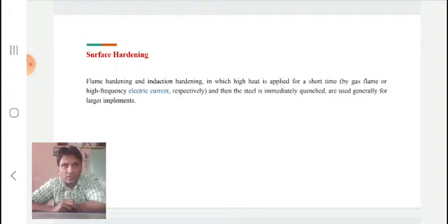Although equipment is expensive, it is also suitable for smaller parts.